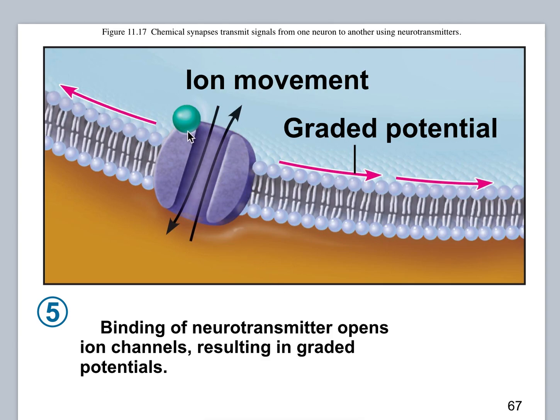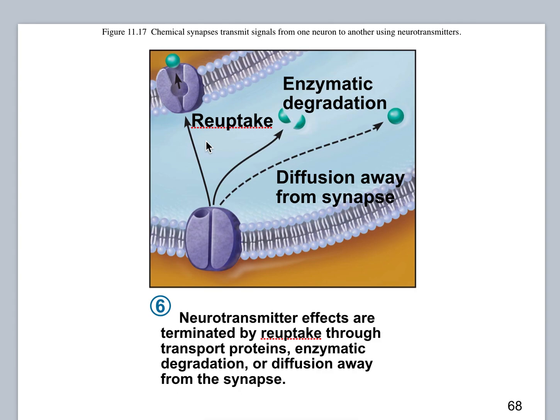Once the neurotransmitter binds to the receptor, it opens up the receptor, allowing for movement of ions in and out of the cell. This results in depolarization of that portion of the cell membrane. Now, the neurotransmitter doesn't stay there forever. It gets taken back up through transport proteins.